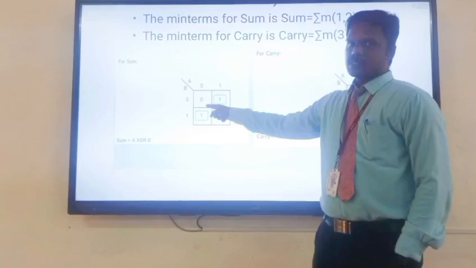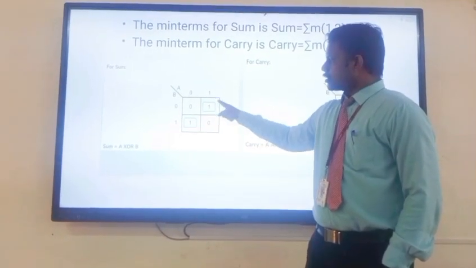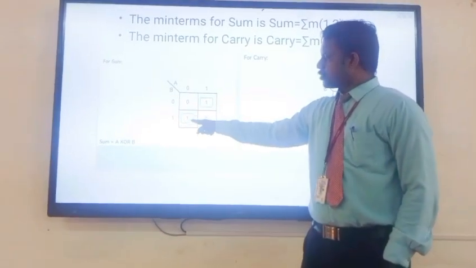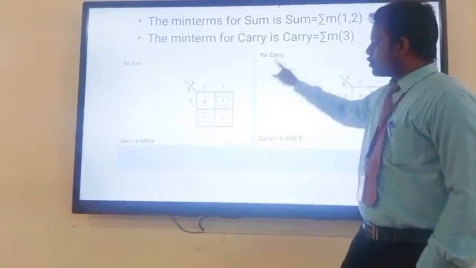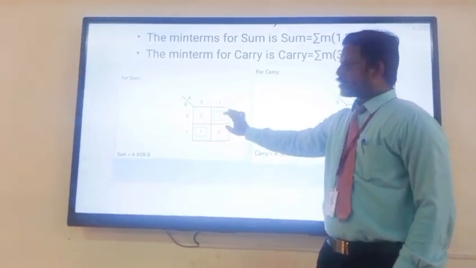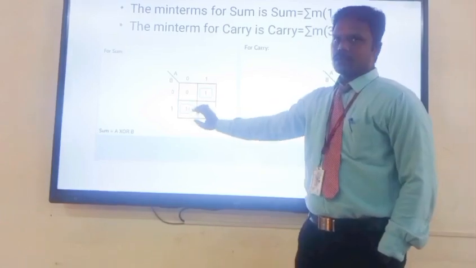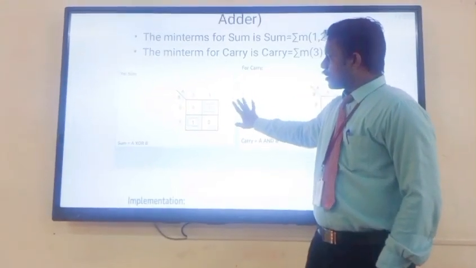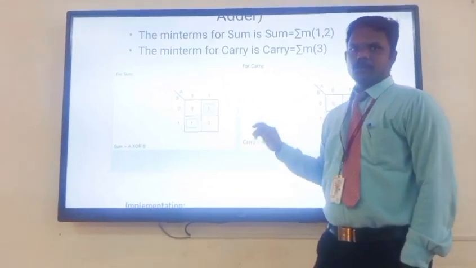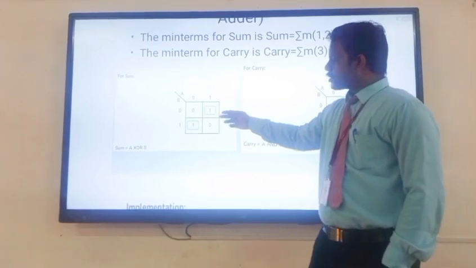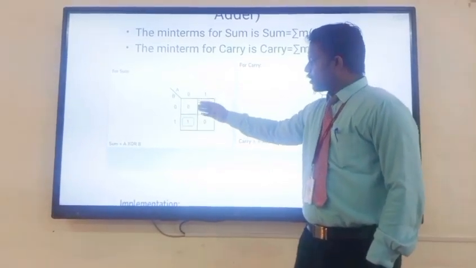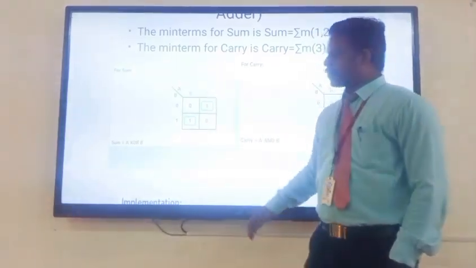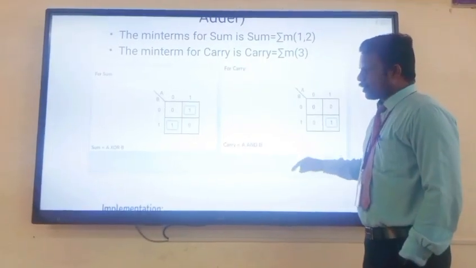The first box is numbered 0, the second box is 1, here it is 2, and here it is 3. Our minterms are 1 and 2, so you have to place 1 in the positions 1 and 2. Then your next step is the grouping process. Here there is no pair combination, so you have to group each 1 individually. Then you form the expression as A XOR B, where it is A and B.